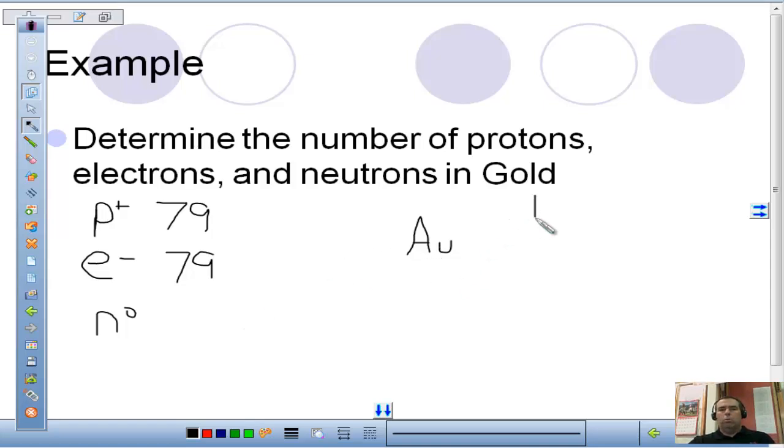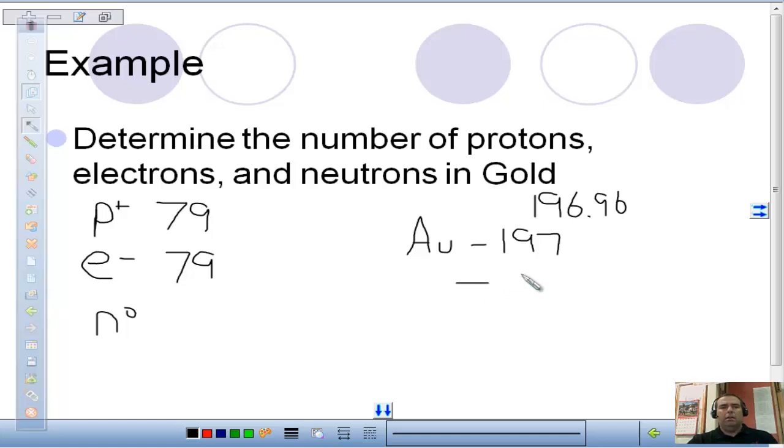So we said for gold, the number was 196.96. To get that to the nearest whole number, we're going to say that is equal to 197. With that being equal to 197, what we can now do is subtract away the atomic number, 79.